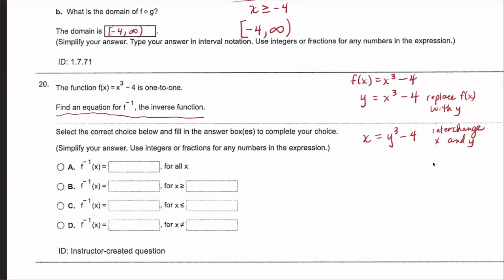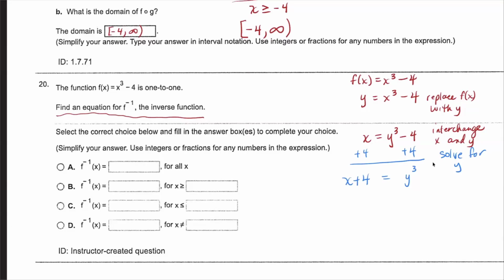So in order to solve for y, I'm going to start here. I'm going to add 4 to both sides. I'm changing colors when I start solving for y. So add 4 to both sides. So the left side now is x plus 4. The right side is y cubed. But I don't want y cubed.